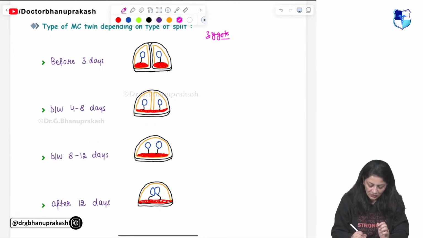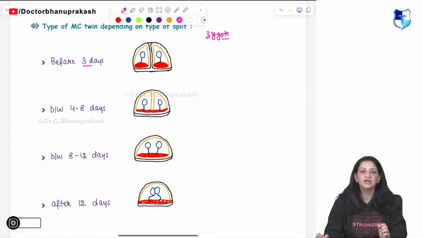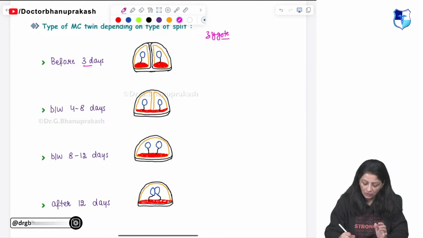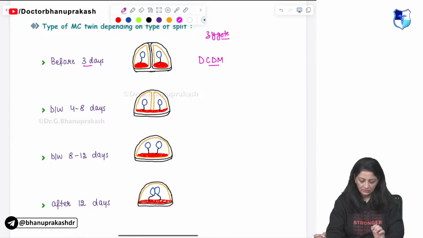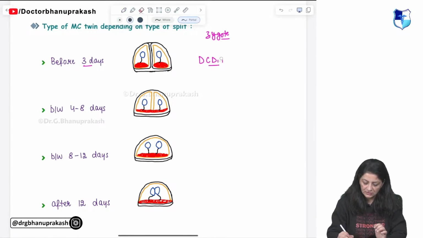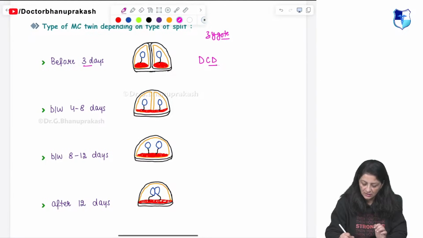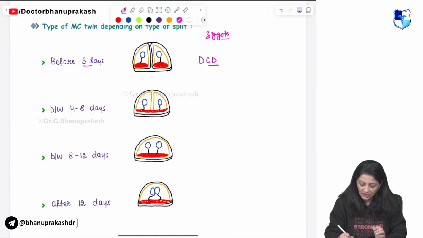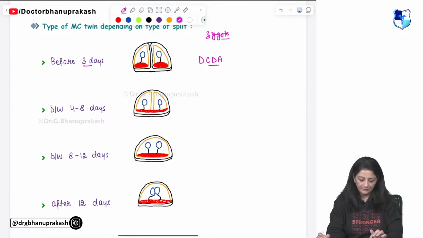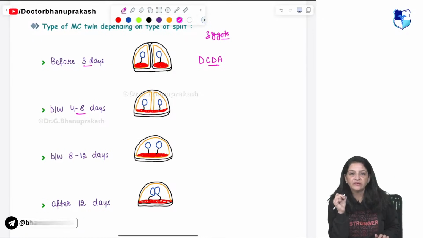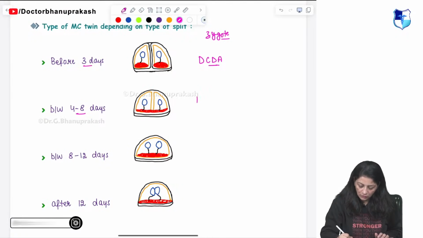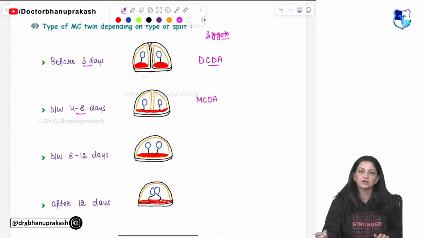If splitting occurs before 3 days, this is called dichorionic diamniotic twins. If splitting occurs between 4 to 8 days, this is called monochorionic diamniotic twins.